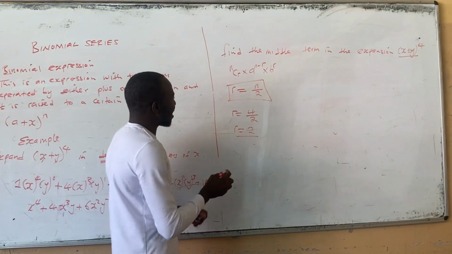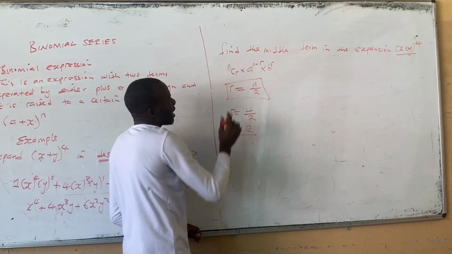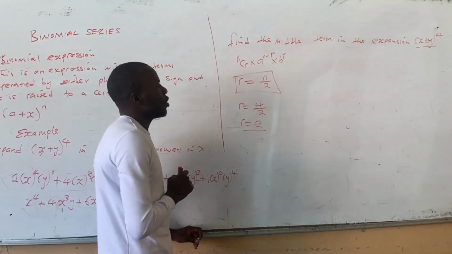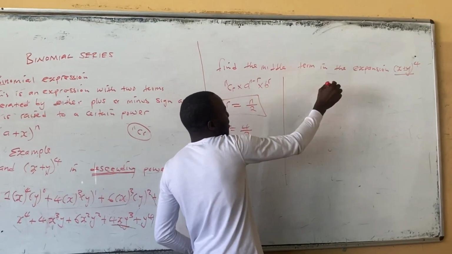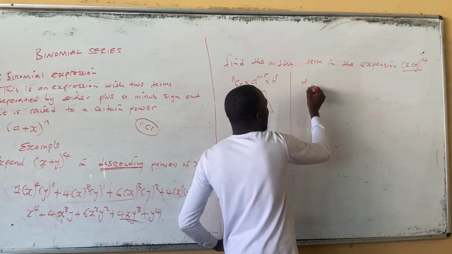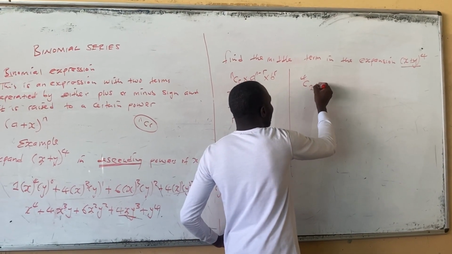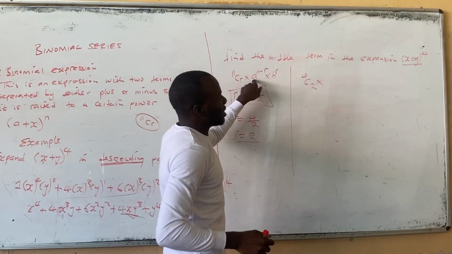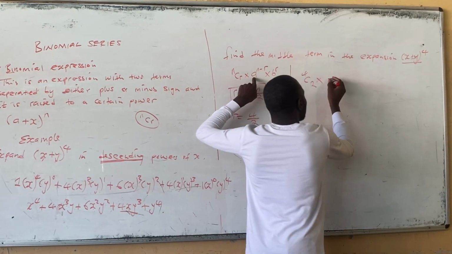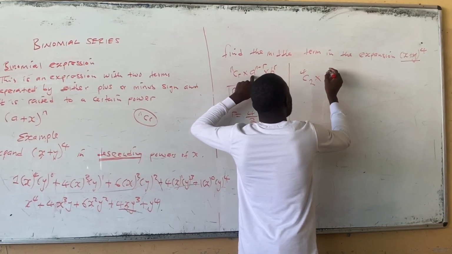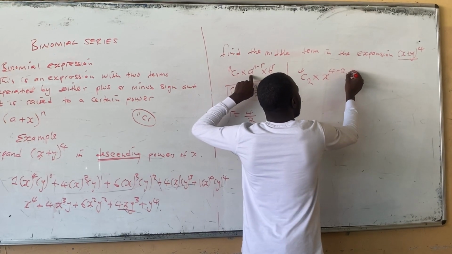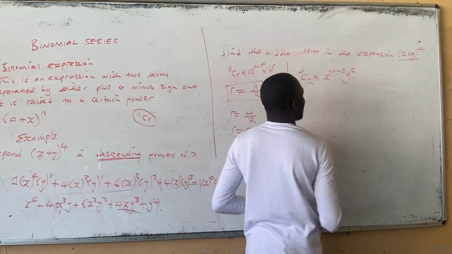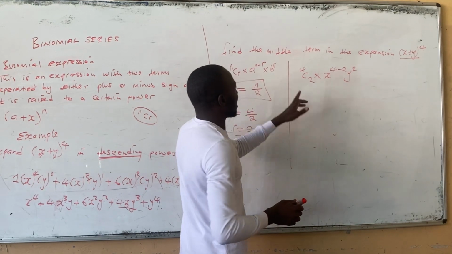Since we know r, we can come back to the formula and substitute. N is the power. So we are saying 4 combine 2 times a, which is the first term, in this case x, raised to the power 4 minus 2, then y to the power 2.